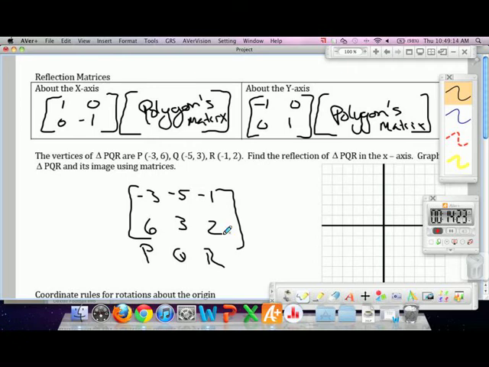And if I want to reflect this about the x-axis, I could multiply it on the left side by this matrix, 1, 0, 0, -1, and use matrix multiplication to get a new matrix. The image matrix will look like I'm going to take to get row 1, column 1.